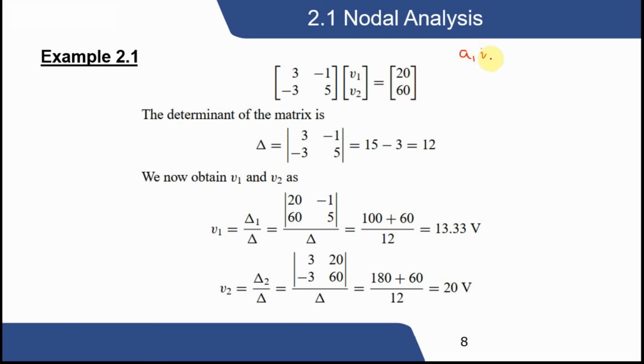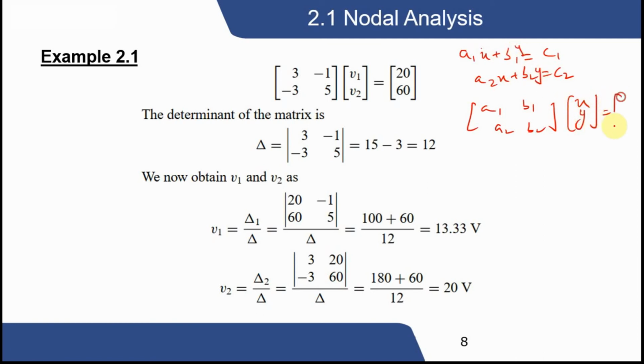So this is the equation, right? a1 x plus b1 y equals c1, a2 x plus b2 y equals c2. So we make a matrix a1 b1, a2 b2, with x and y, equal to c1 c2.